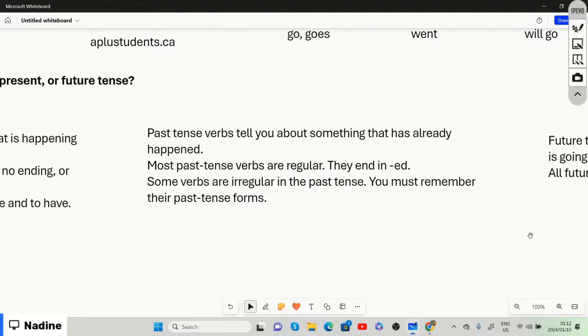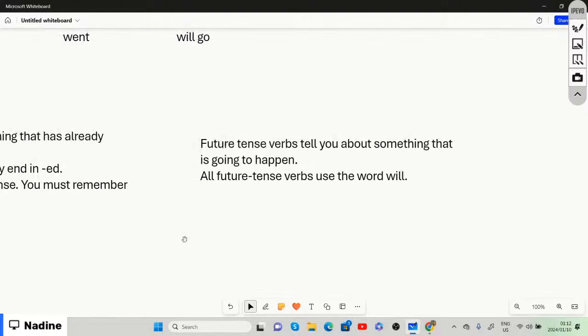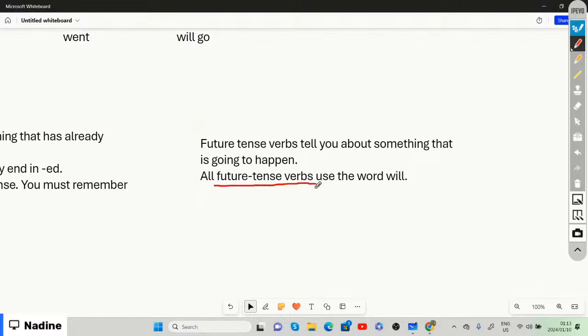And then we have the future tense. The future tense verbs tell you about something that is going to happen, which means that it did not happen yet. Basically, all future tense verbs use the word will.